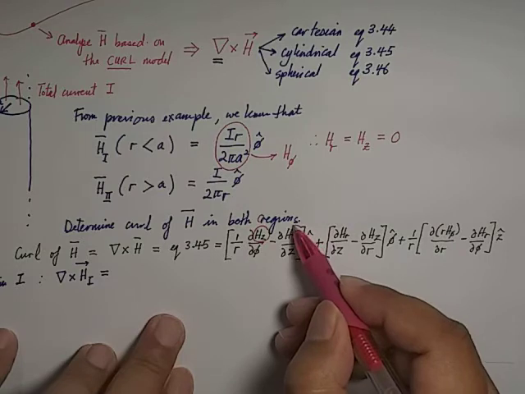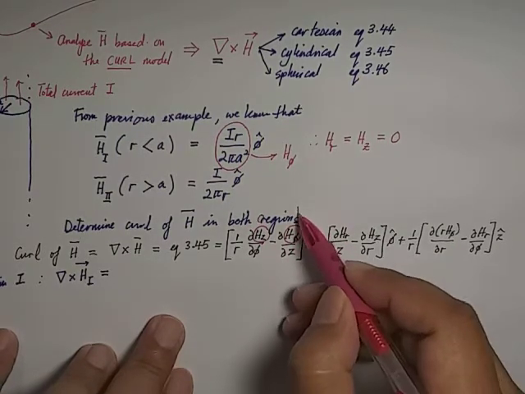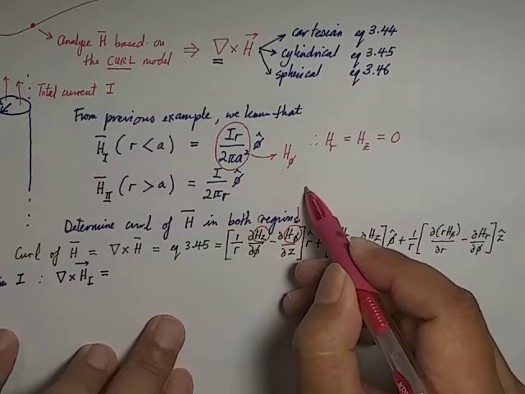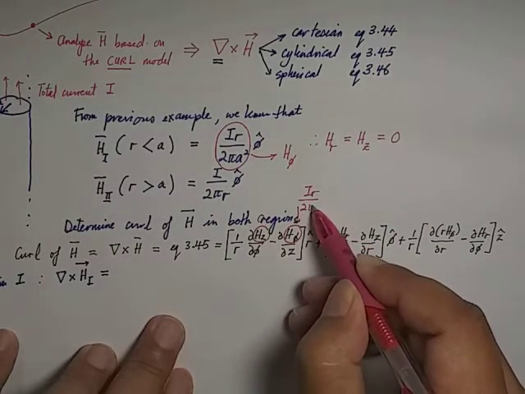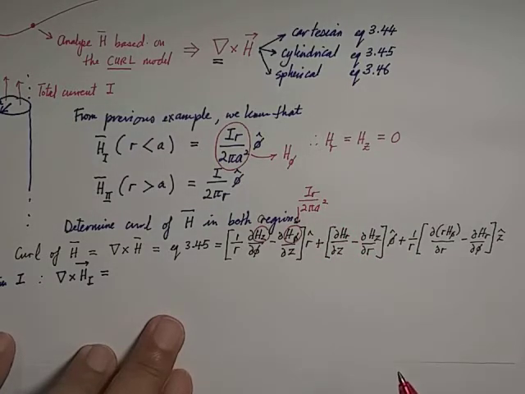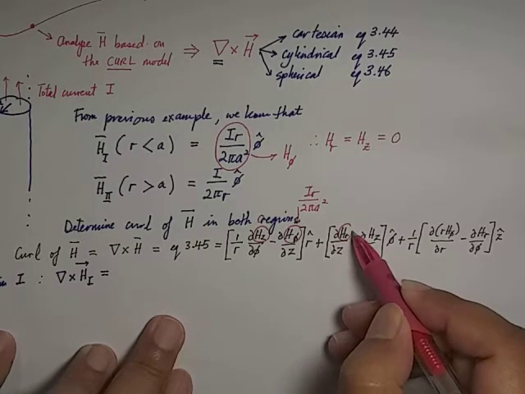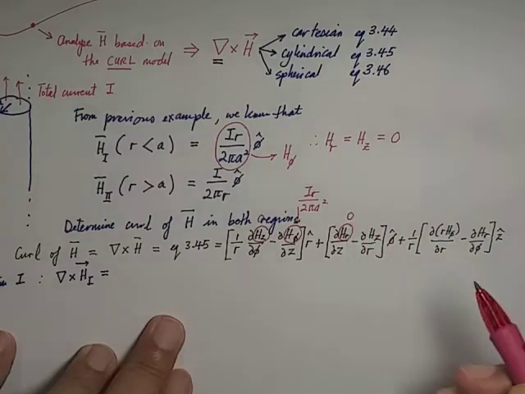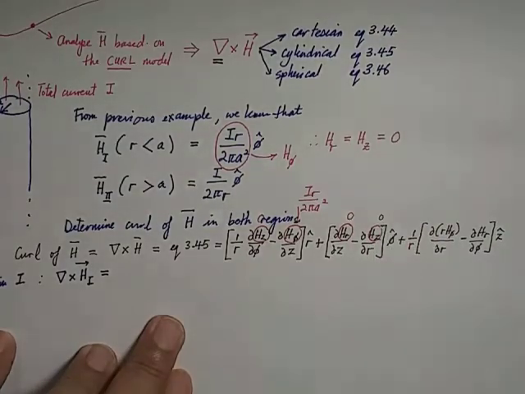The phi term, what do we need to substitute with? Yes, we need to substitute with I r over 2 pi a squared. Remember, we need to ignore the direction, just substitute the magnitude only. And then here, what should be the Hr term? Good, 0. Hz term, 0.